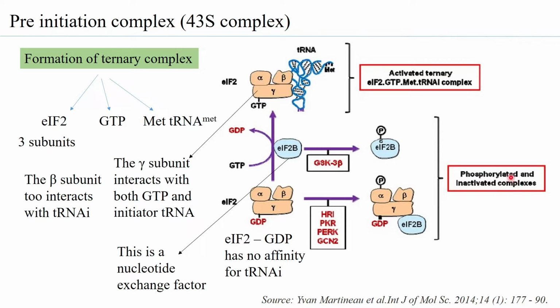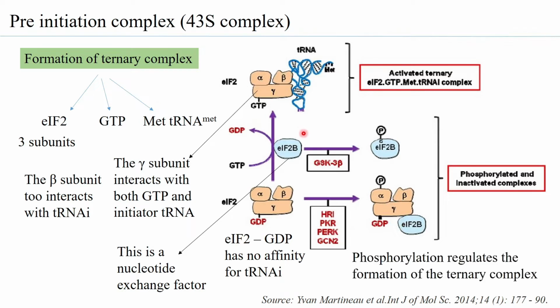So phosphorylation of either EIF2B or that of EIF2 itself is making it inactive complexes, and therefore you will not have ternary complexes being formed. So phosphorylation is actually regulating the formation of the ternary complex. And so you can see that at the very first step of the translation initiation, you have already regulation.